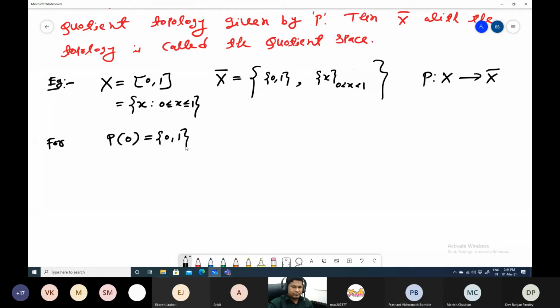That is also the single set {0,1}. That means p0 equals p1, right? Okay. Now what is p of x for 0 less than x less than 1? What is that set? Singleton x.